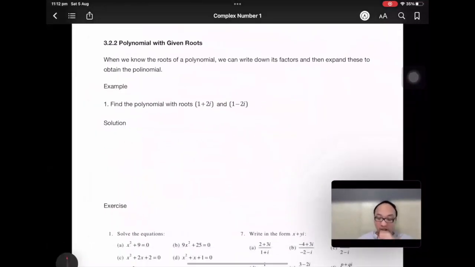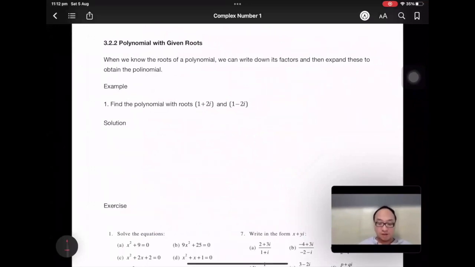Polynomial with the given roots. If we know the roots of the polynomial, we can write down the factors and expand to obtain the polynomial. This is the same as we did before. So the roots are 1 plus 2i and 1 minus 2i. So the factors will be z minus (1 plus 2i) and z minus (1 minus 2i).